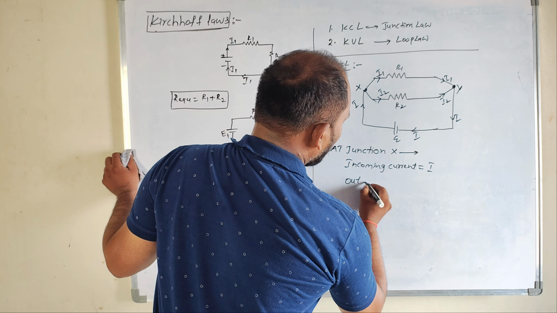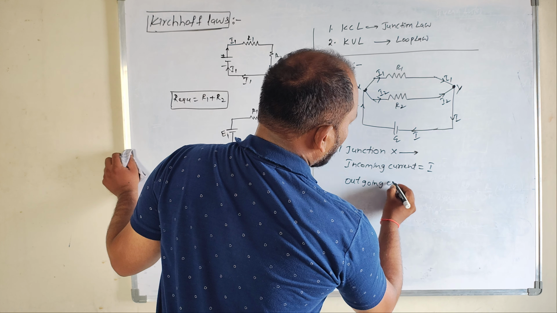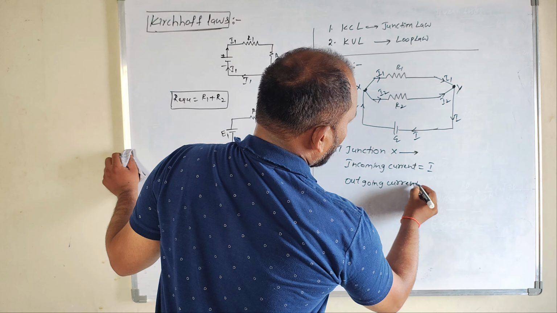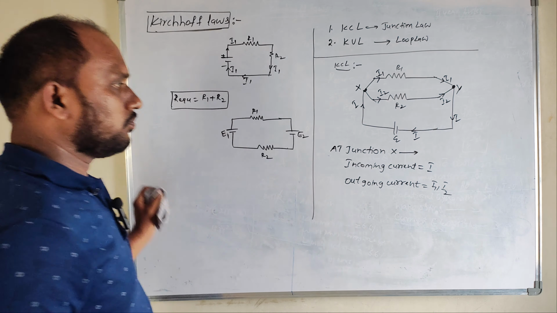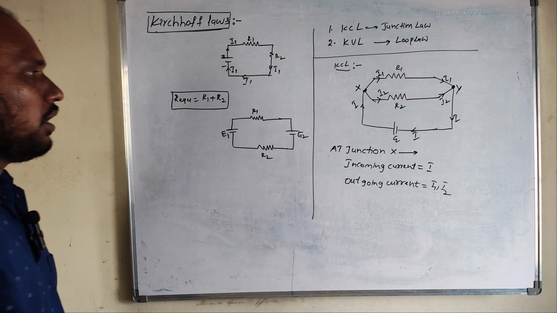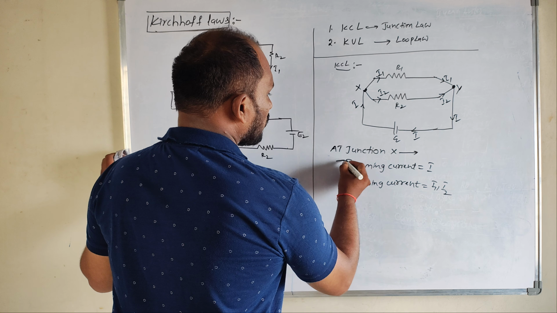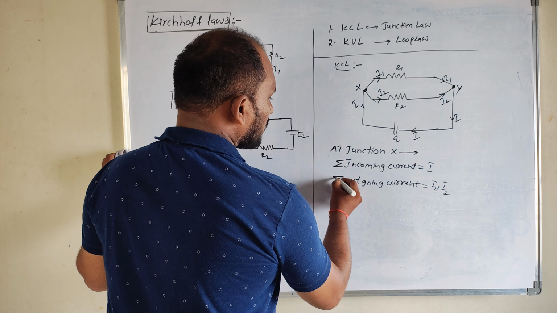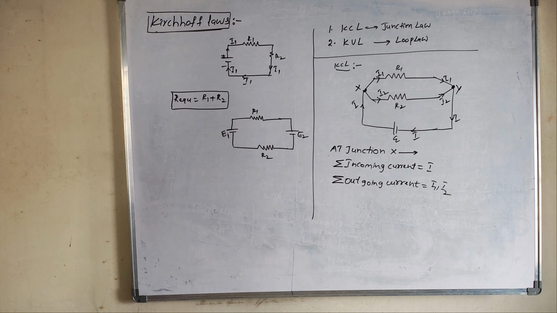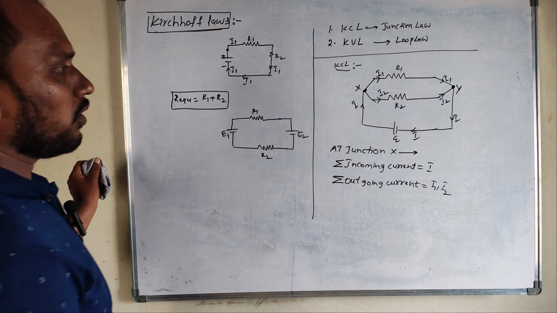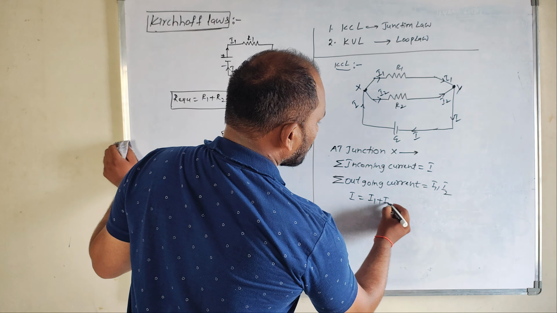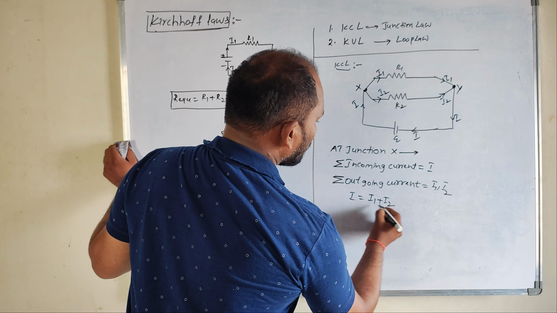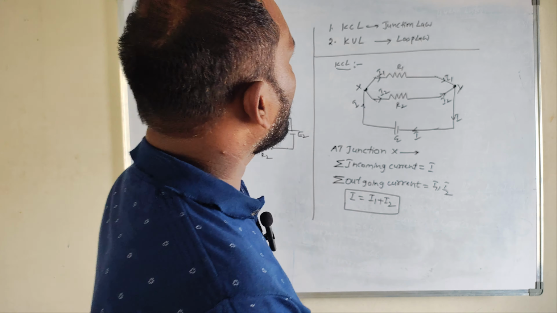The outgoing current is I1 and I2. According to the junction law, the sum of incoming currents is equal to the sum of outgoing currents. Which means I is equal to I1 plus I2. This is the way we write Kirchhoff current law.